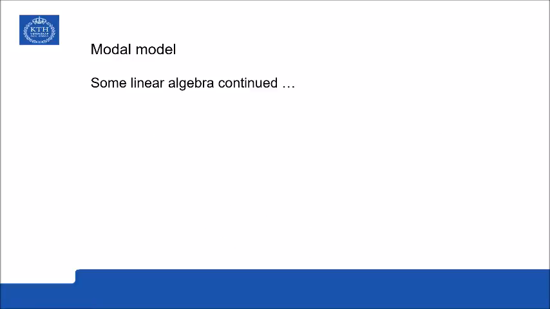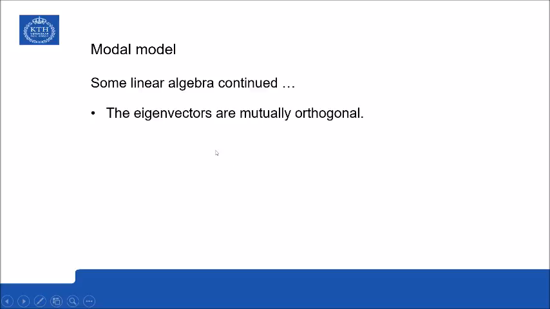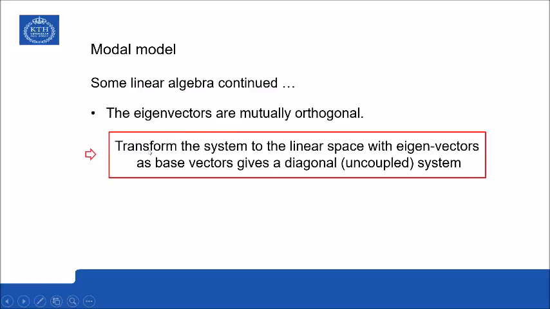Some more linear algebra. One can also show that the eigenvectors are mutually orthogonal. And this means that we can transform the physical x-coordinates to a modal space using a transformation matrix where the eigenvectors are the base.